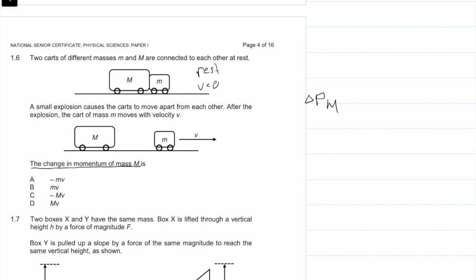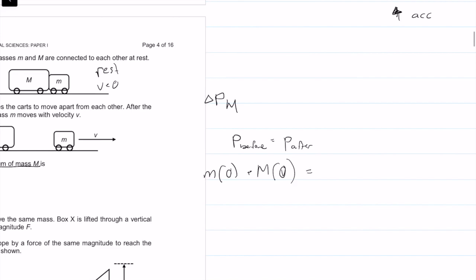So here we can use the conservation of linear momentum. Basically, the momentum before the explosion is equal to the momentum after. Our momentum before is our mass times our velocity plus our mass times our velocity, which is equal to the momentum of the big mass plus my momentum, and we're going to take going to the right as being positive, my mass times my velocity.